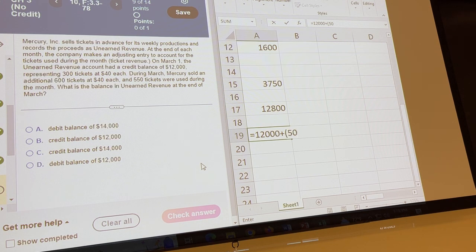So we add 50 tickets to our unearned revenue. 50 tickets times $40. So at the end of March, our unearned revenue would be $1,400, and that would have to be a credit balance because that's a liability.